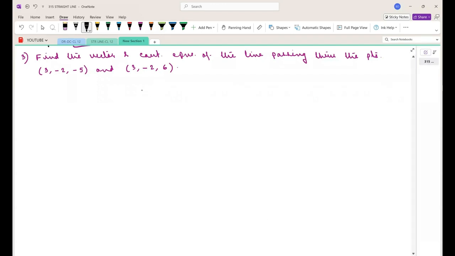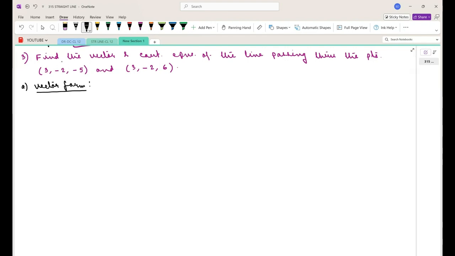Okay, so the next sum is find the vector and Cartesian equations of the line passing through 2 points. So first, let us do the vector form. Now these two are the points.